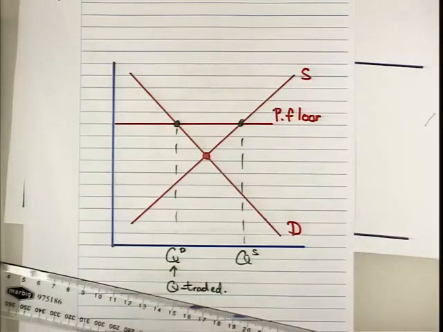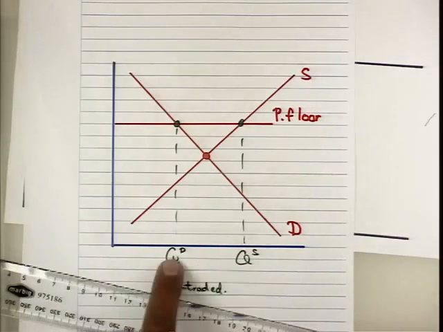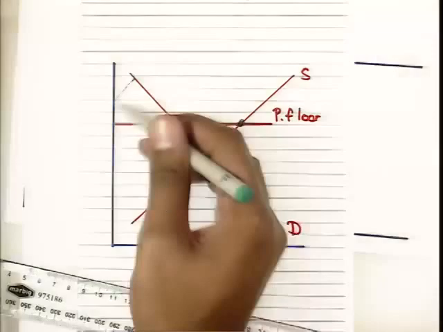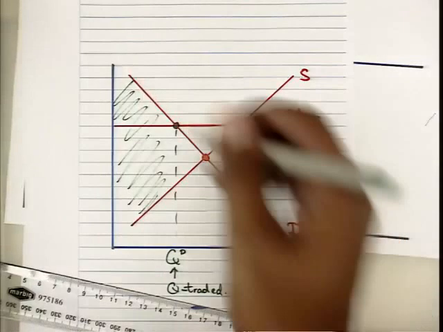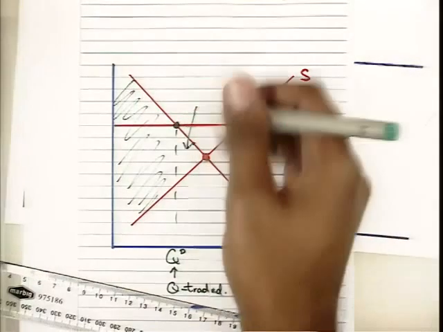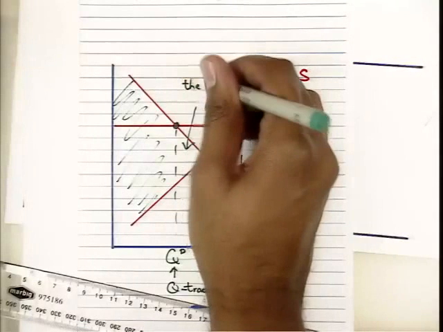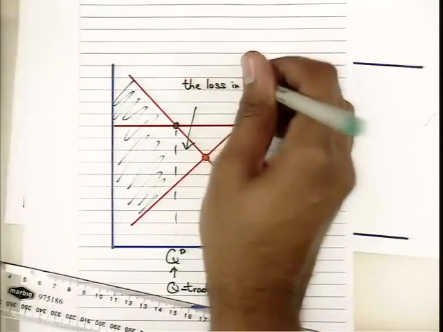So the quantity exchanged between the two parties is the smaller quantity. Again, we've managed to decrease total surplus. The loss in total surplus is called a deadweight loss.